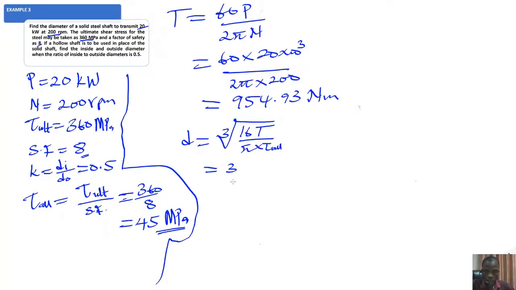So we have the cubic root of 16 times the torque, which is 954.93, divided by pi times 45 times 10 exponent 6.